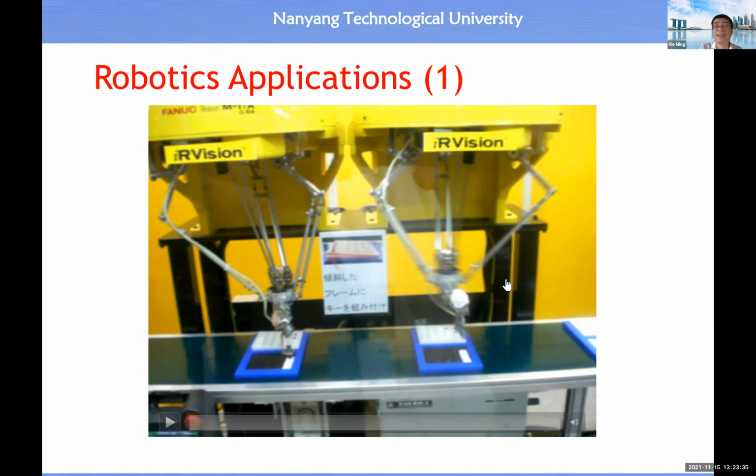You can consider this as material handling, or consider this is for assembly operation, etc.